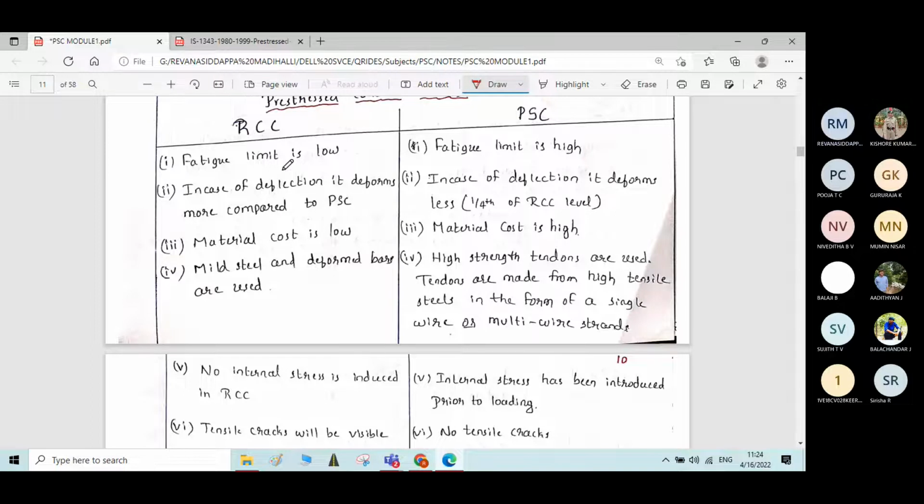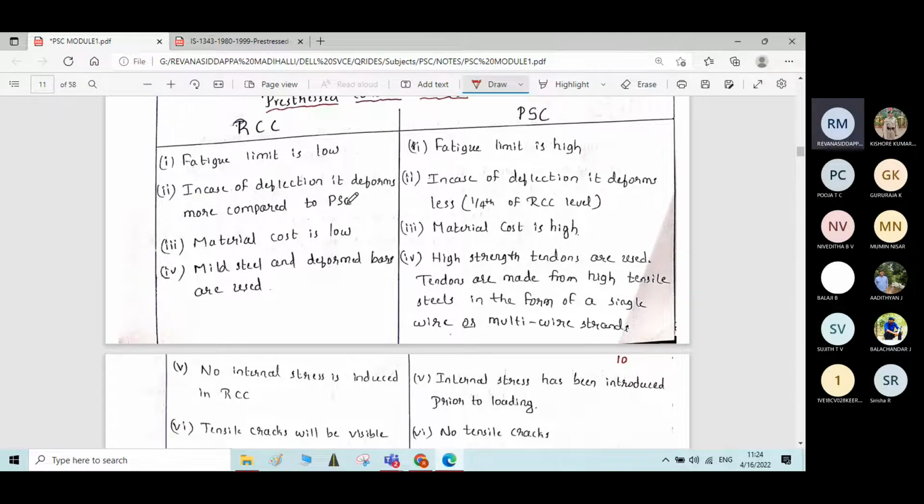Then in case of deflection, it differs more compared to PSC. Deflection is very less in case of PSC compared to RCC. It is observed that the deflection of a PSC beam is equal to 1/4 the deflection of RCC.